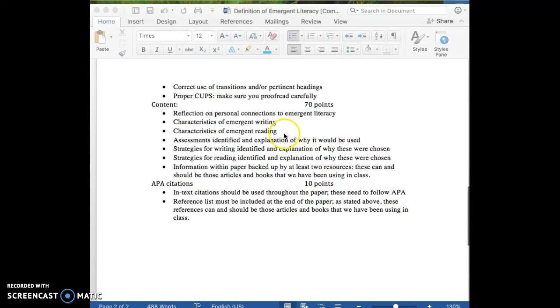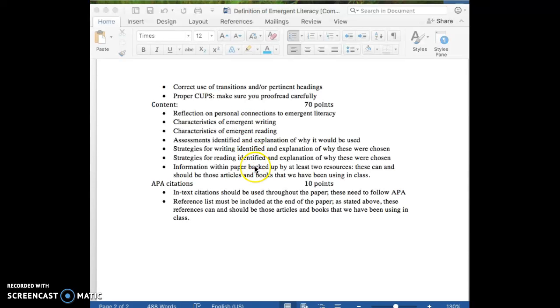Then you're going to identify the assessments, explain why they would be used, and the strategies would be identified and explained, both for reading and for writing. And those 3 areas could be done in a somewhat limited bulleted format. So the first 3 areas, as well as the introduction, I'm going to be looking for some smooth, well-positioned writing that just follows writing conventions.